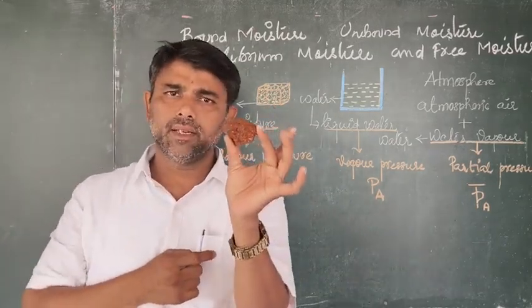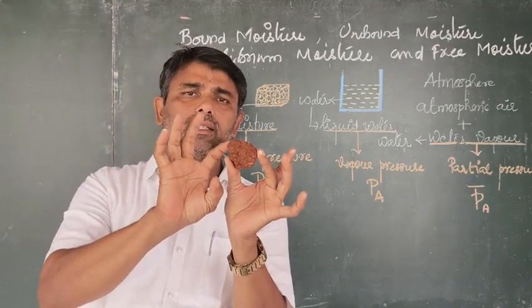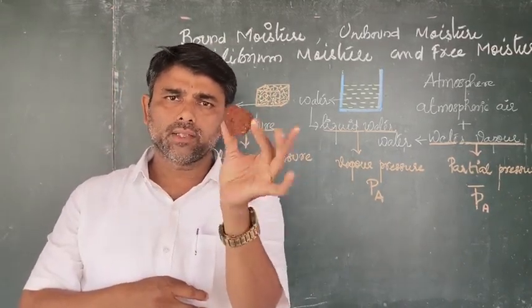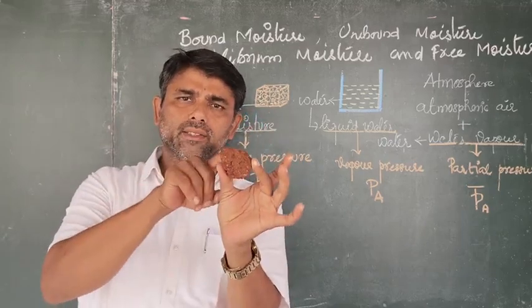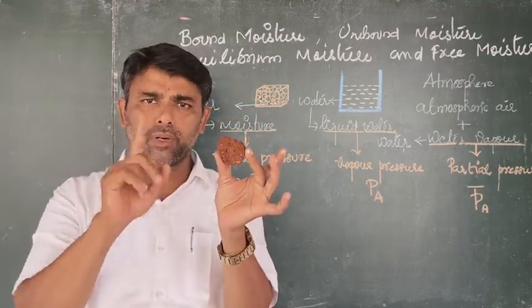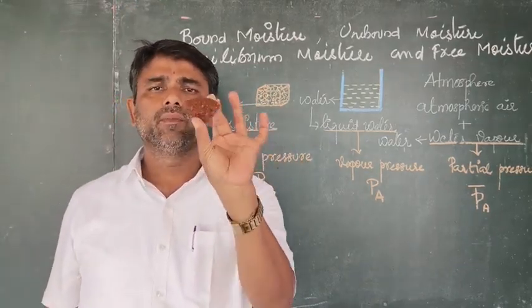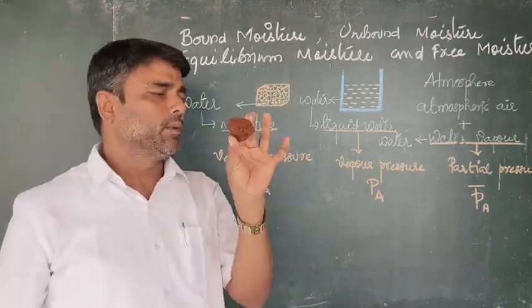This moisture exerts a certain amount of pressure against the atmosphere. The pressure is called vapor pressure exerted by the moisture.